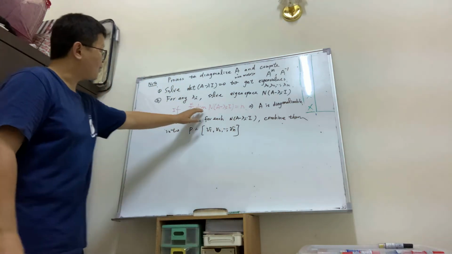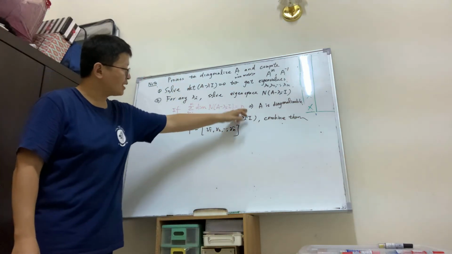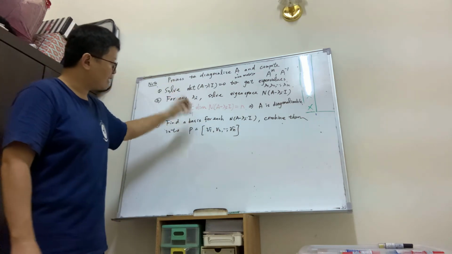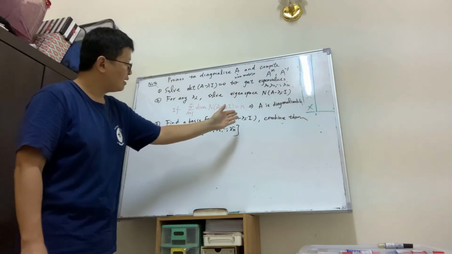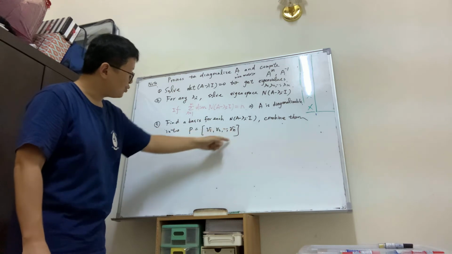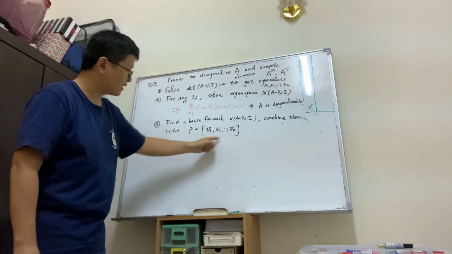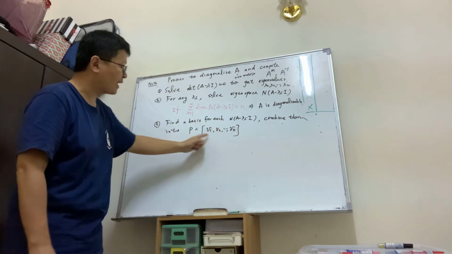Since the sum of the dimensions of the null spaces equals n, once we combine the bases, you will have n eigenvectors.